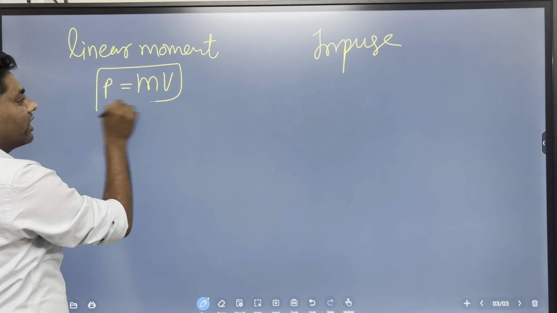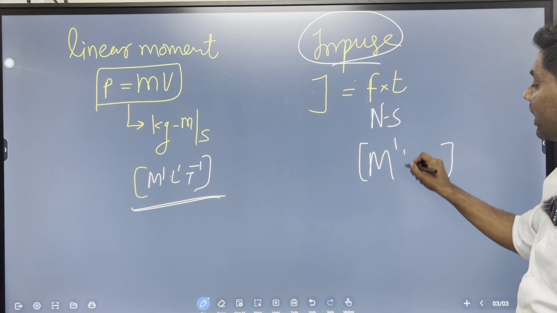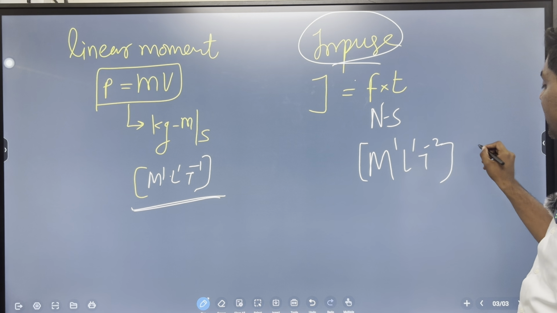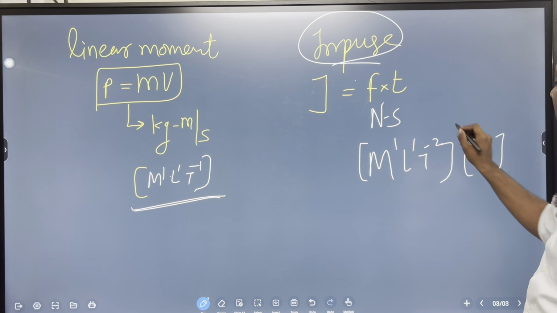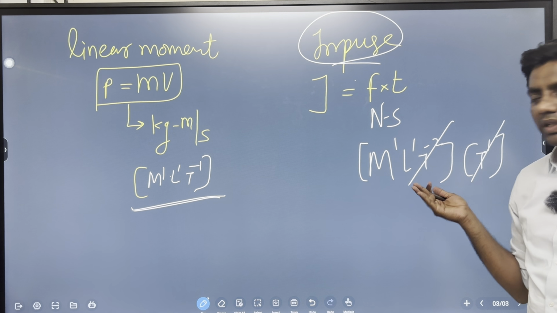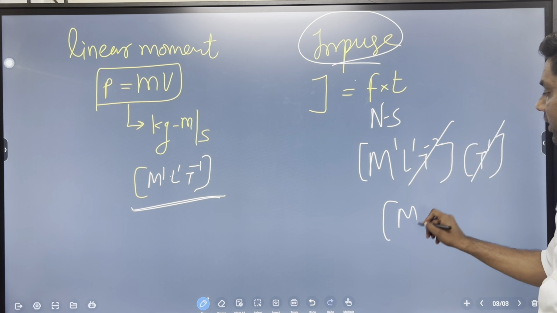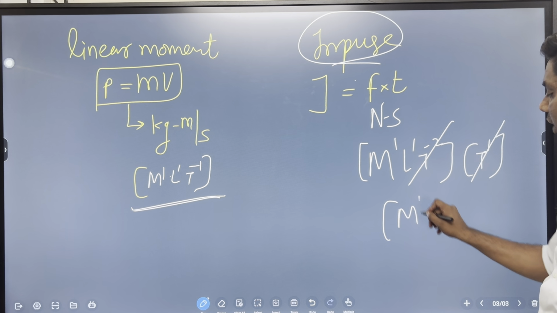We can calculate the dimension of Newton, as we know M1 L1 T minus 2, and for second the dimension is T1. So minus 2 plus 1, we get M1 L1 T minus 1. So remember, linear momentum and impulse both have the same dimensional formula. We go to the next.